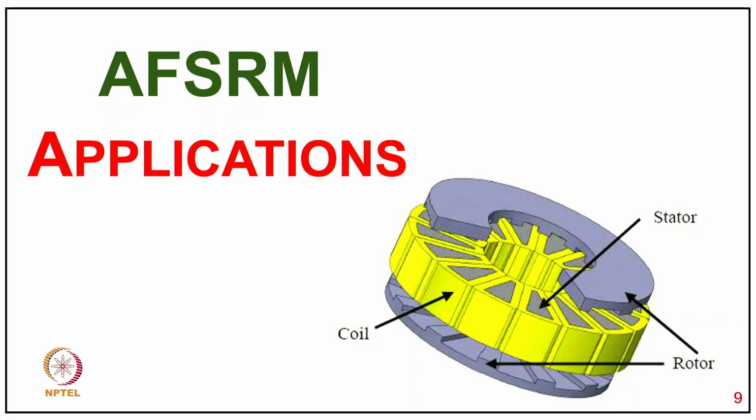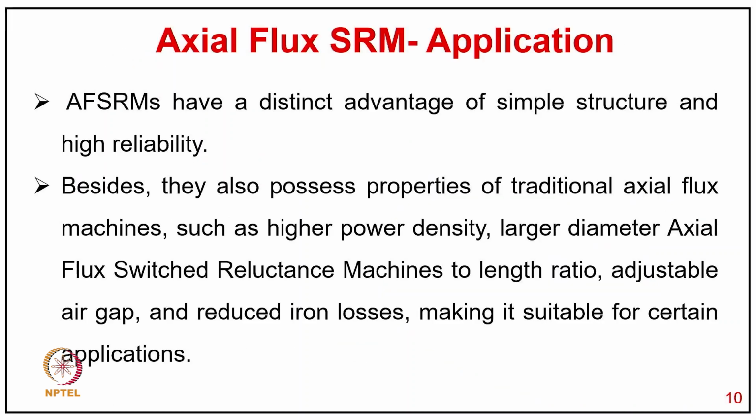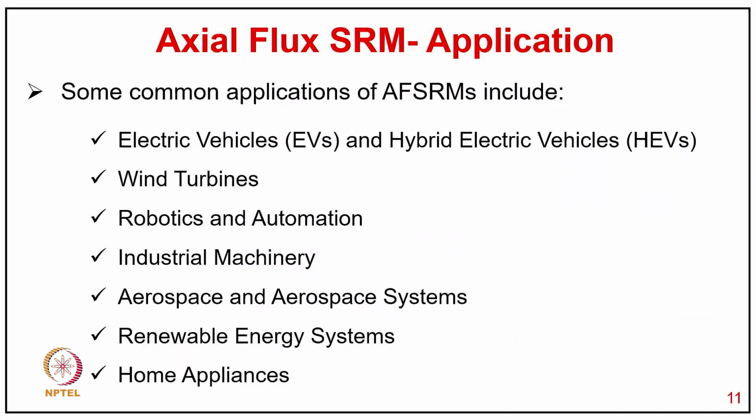Coming to the applications, the axial field reluctance motor has the distinct advantages of simple construction and high reliability, besides possessing the properties of traditional axial flux machines, such as higher power density, a larger diameter to length ratio, an adjustable air gap, and reduced iron losses, making it suitable for some applications.